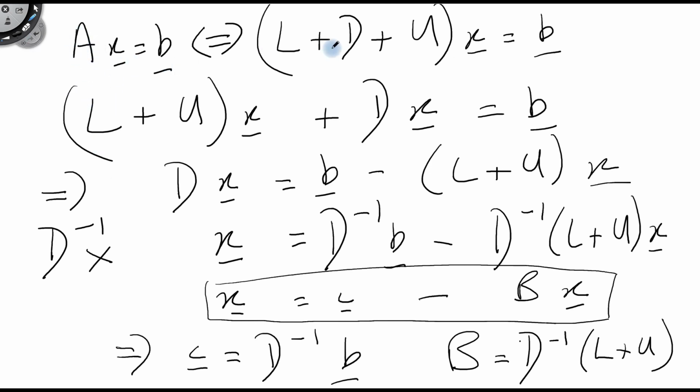We've got Ax equals b. We've done this substitution. We just rearranged it so that x equals something, and then we identify that as the B matrix. So we should now have a recipe for reconstituting B should we require. Okay, and I'll leave that till next time.